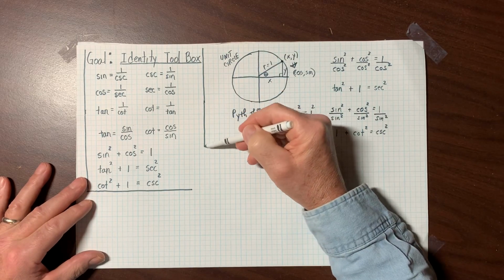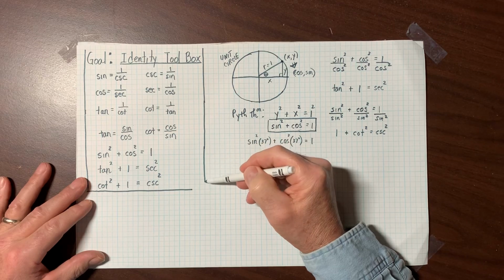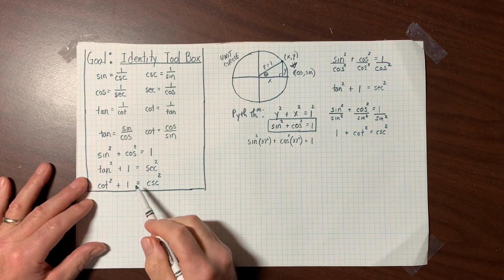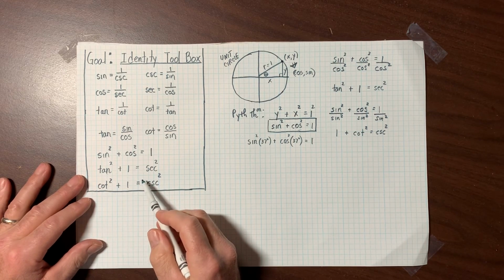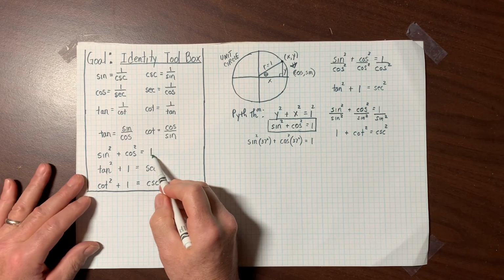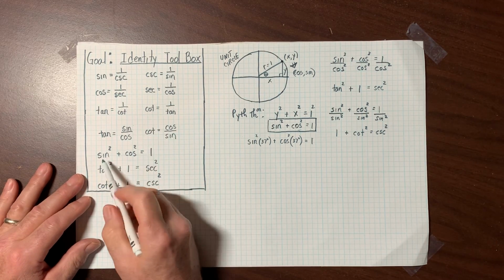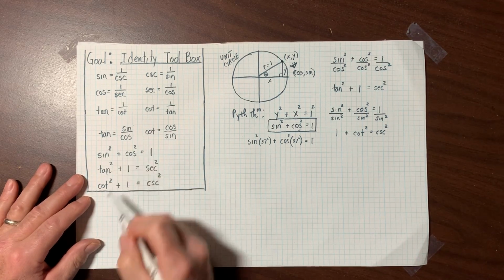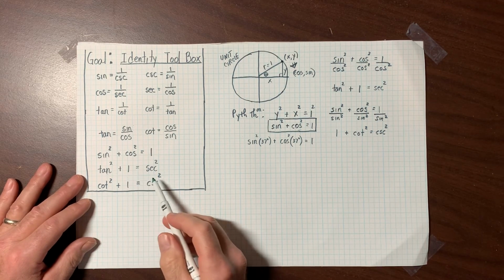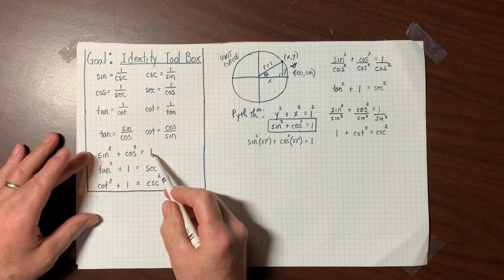How do you use the identity toolbox? Answer, you substitute. For example, if you have the number 1 in some sort of an expression, you may have cause to substitute sine squared plus cosine squared for that number 1.